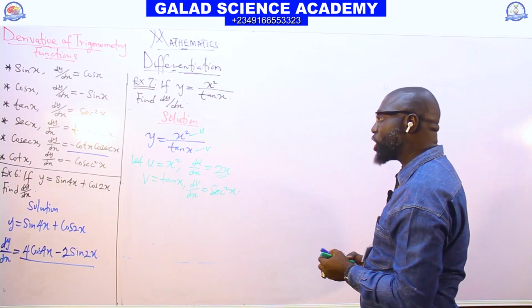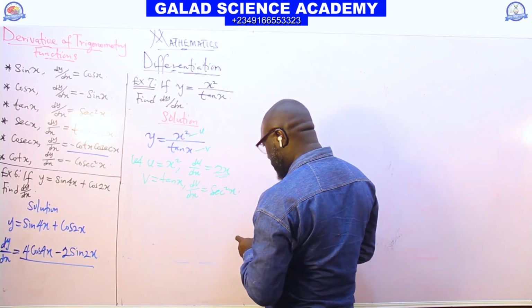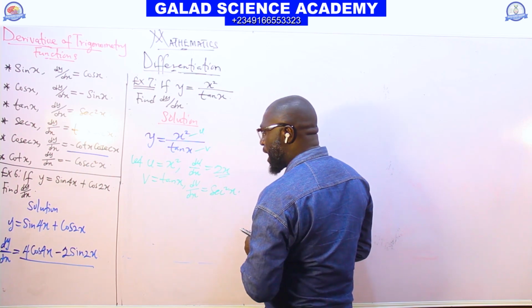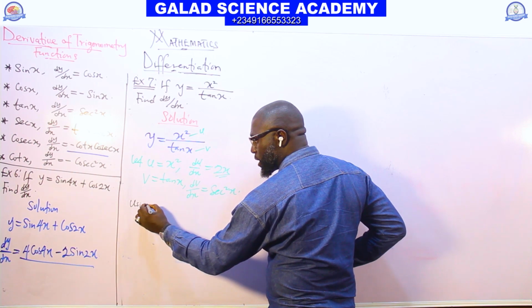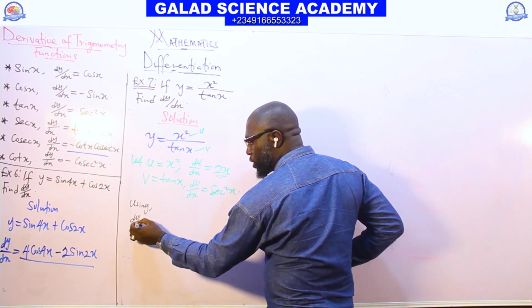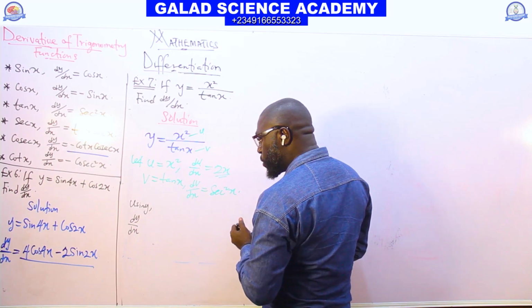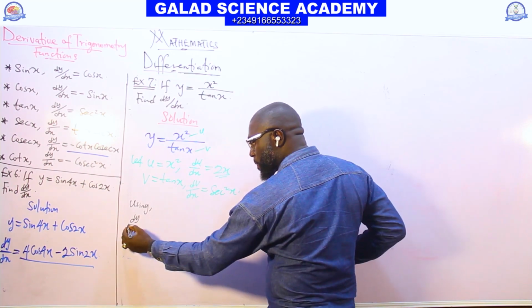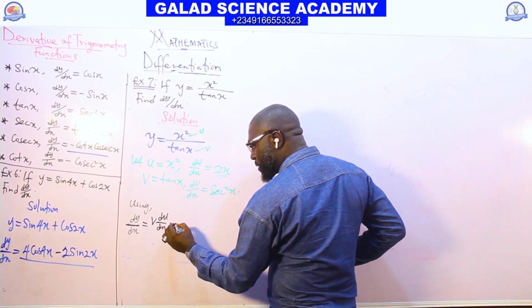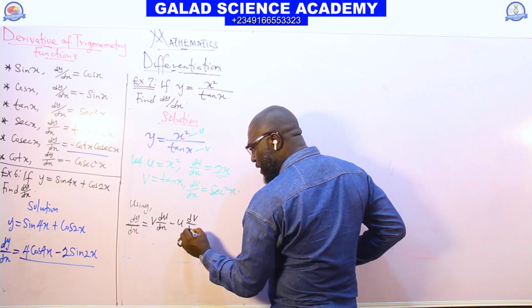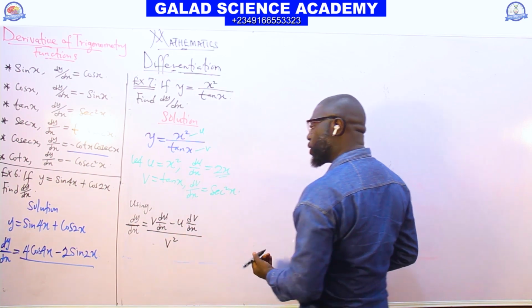The next thing is to just apply your quotient rule. The quotient rule says that dy/dx equals v du/dx minus u dv/dx, everything over v squared. That is the quotient rule.